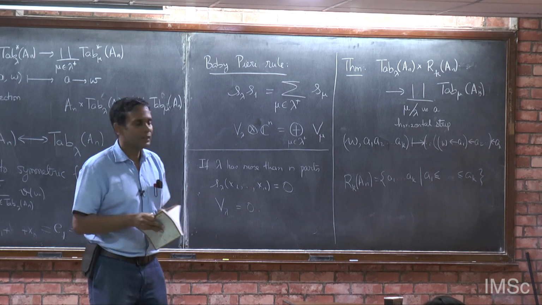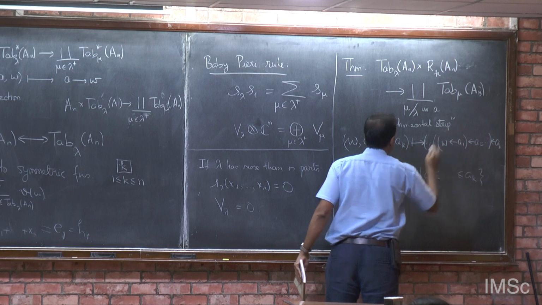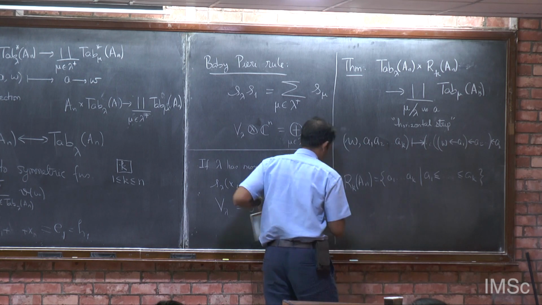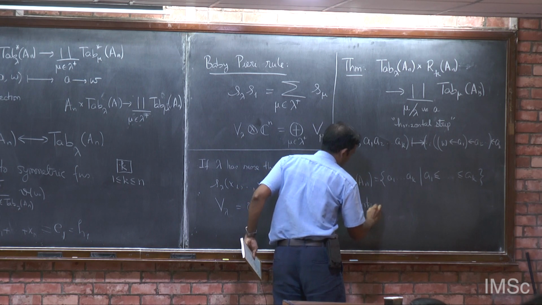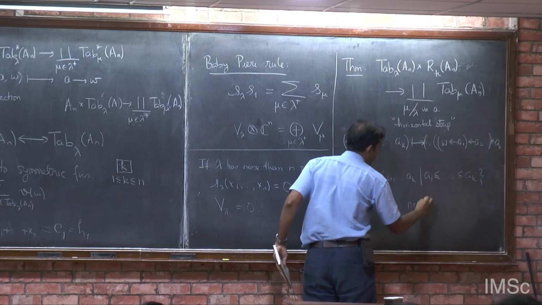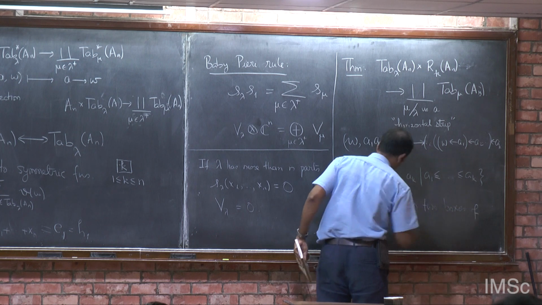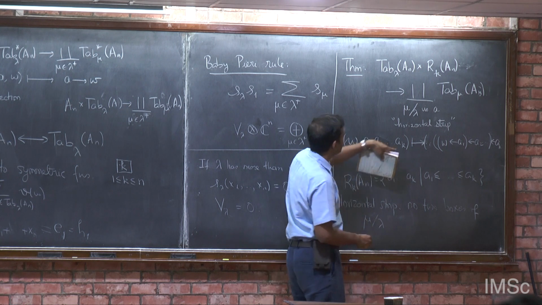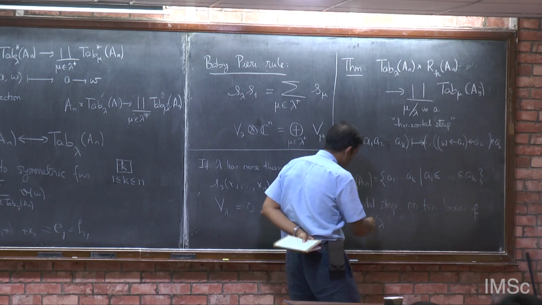And this horizontal strip condition says that no two boxes of mu minus lambda, that is, mu complement lambda, lie in the same column.